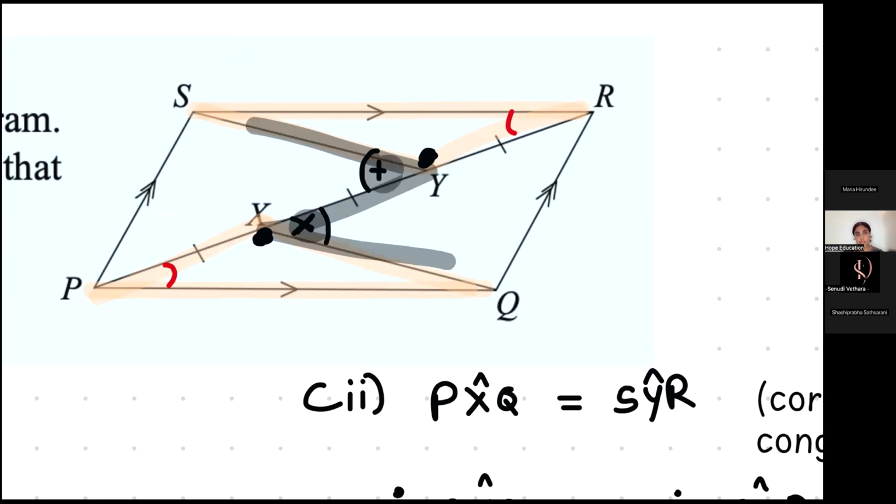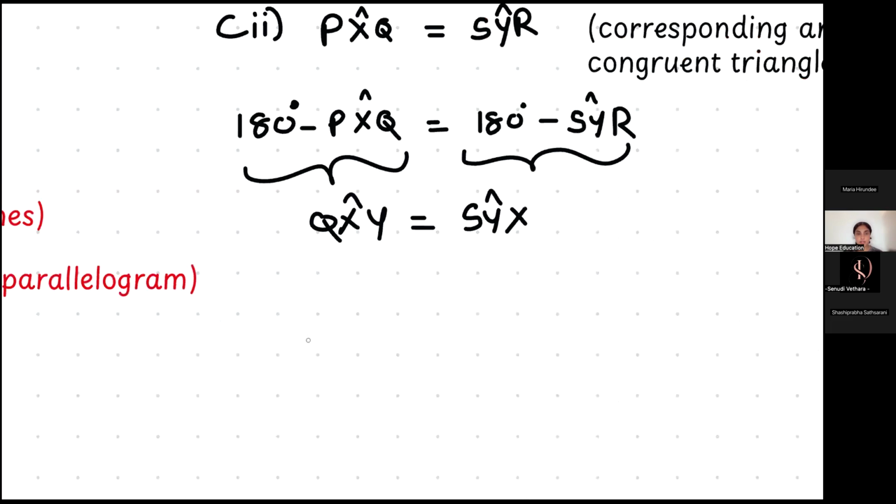Therefore we can say that this line and this line are parallel because these are alternate angles. Alternate angles equal means those two lines are parallel lines. So they are alternate angles.